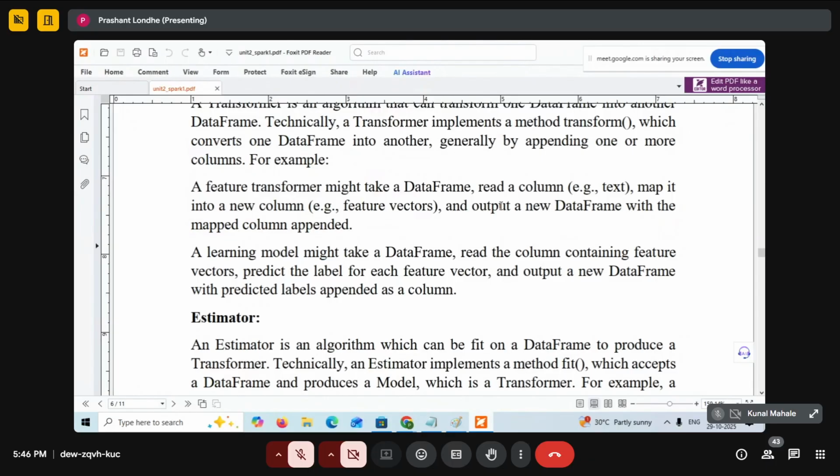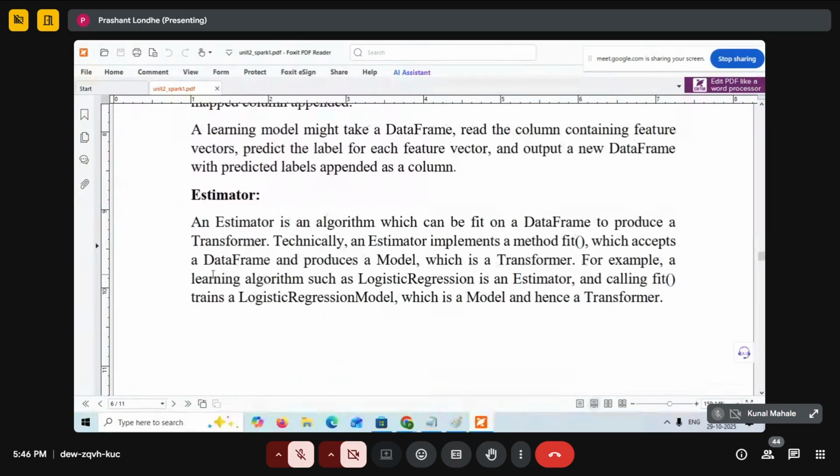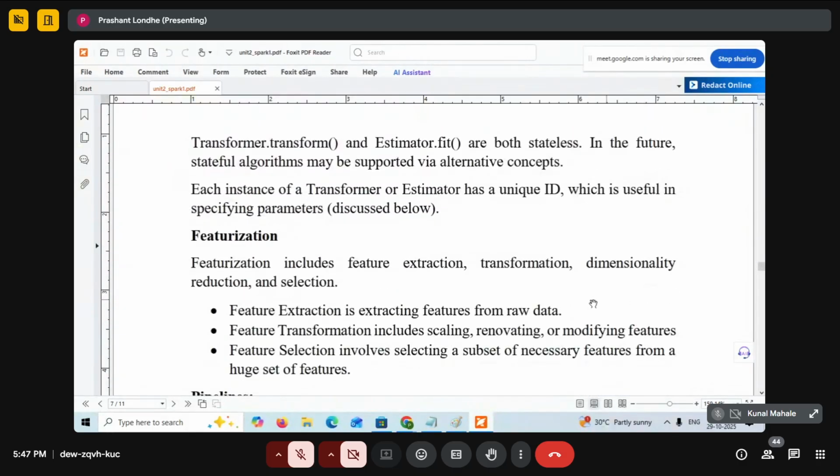It is because of the features of the apple. This part is known as a feature transformer, and the feature transformer leads to your learning model. The estimator is an algorithm which can be fit on a data frame to produce a transformer, so that it allows you a learning model. It accepts the learning model by giving a certain method.